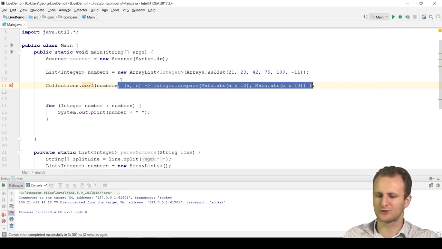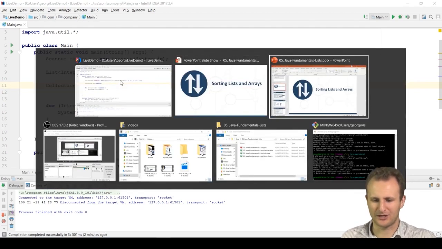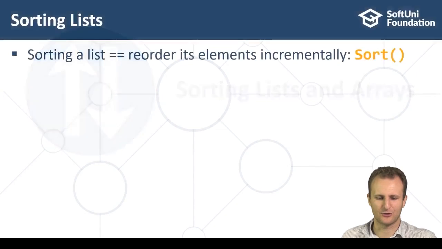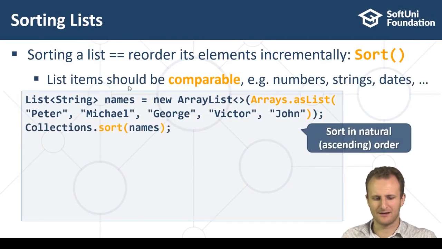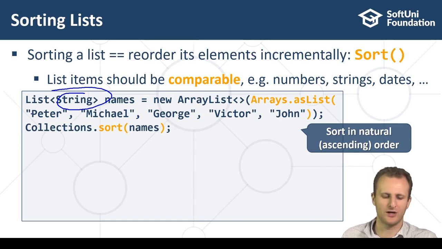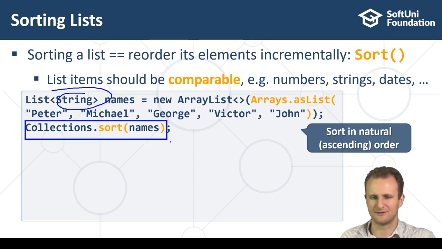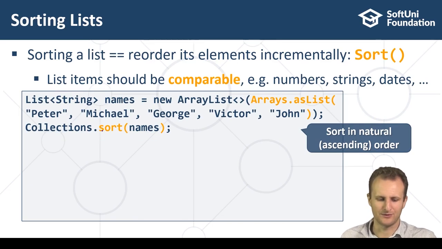Okay, so this is how you sort a list, and we have examples here of sorting like that. In this case, we have a list of strings, and sorting a list of strings happens in the exact same way in which we can sort a list of numbers. So the method is the same, the list construction is the same, the only difference is we initialize with strings, not with numbers.